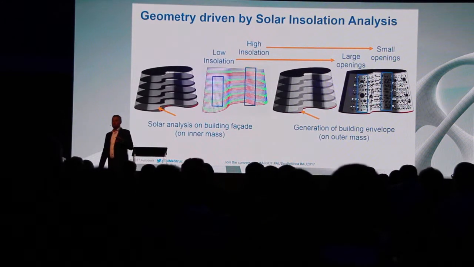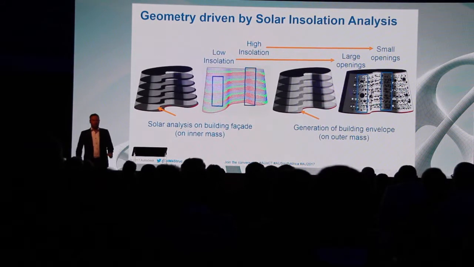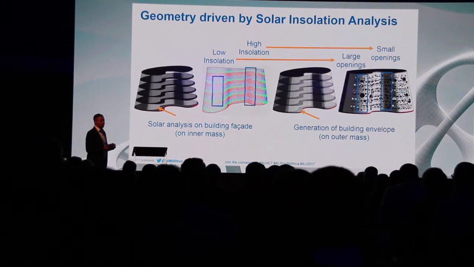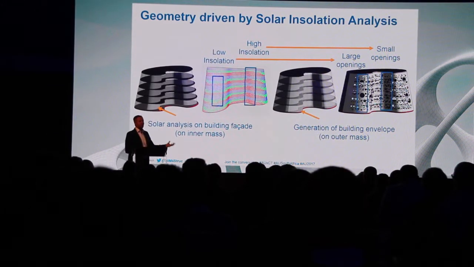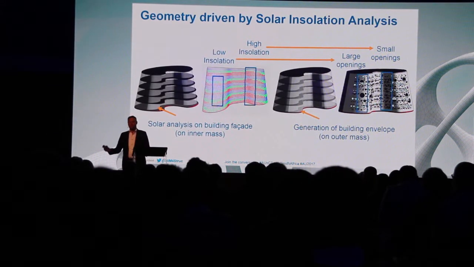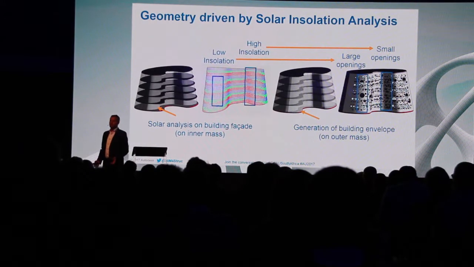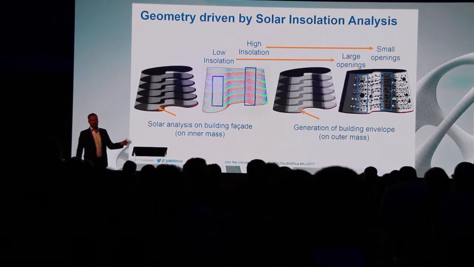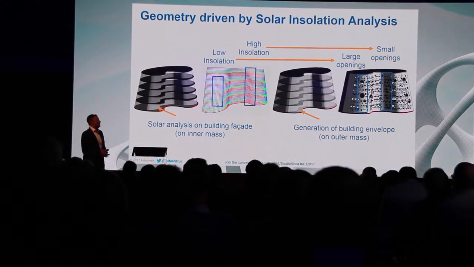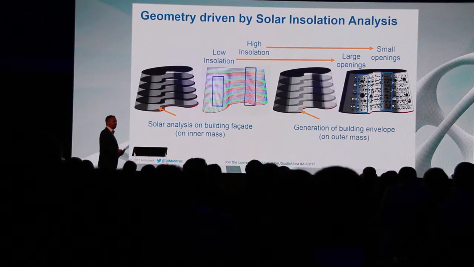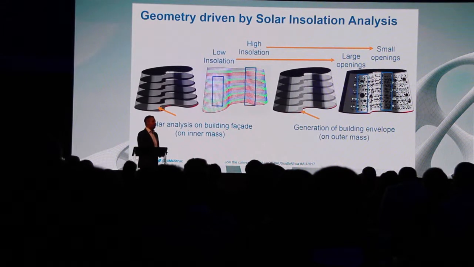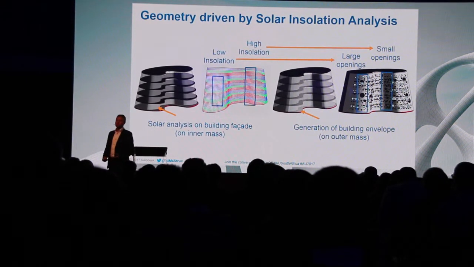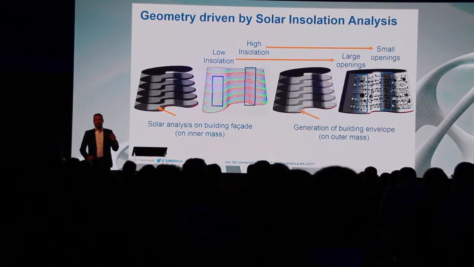Now, the more light you have on that inner wall, the smaller the opening has to be in that facade. So that's how that facade got generated. You take the results and then you generate a shell around that building based on these results. So it's not like estimating how large that opening should be and you draw the opening on that facade. No, you let it generate. You use computational design technology to get your facade.